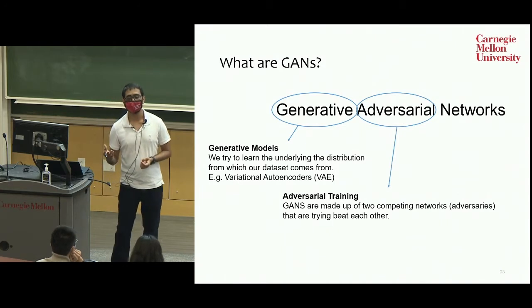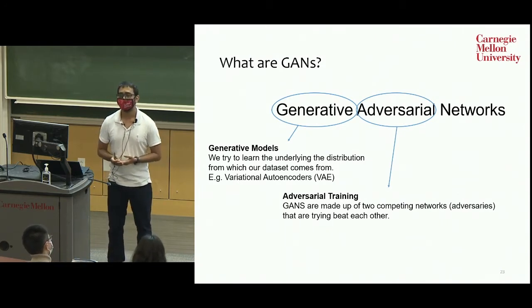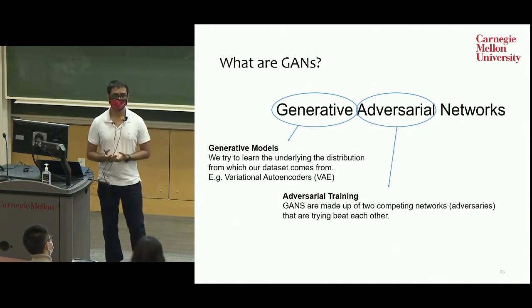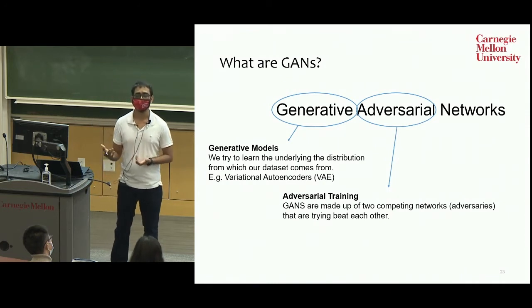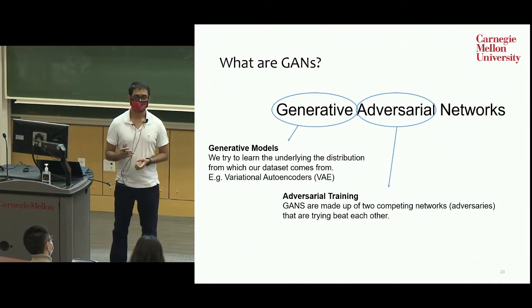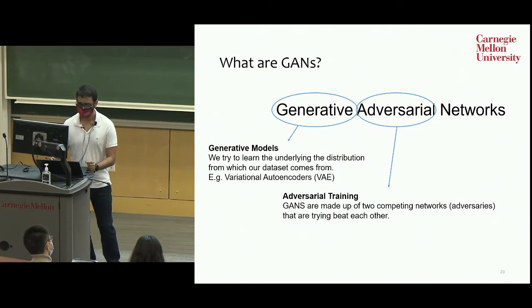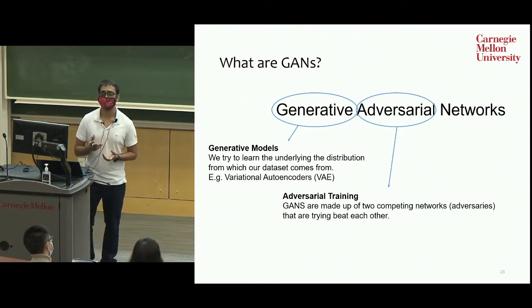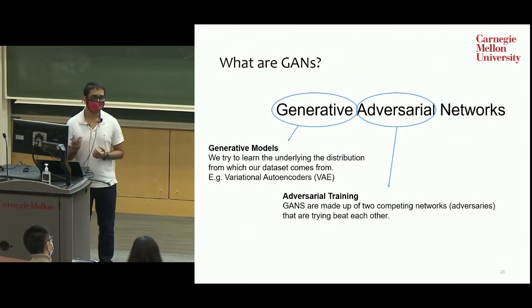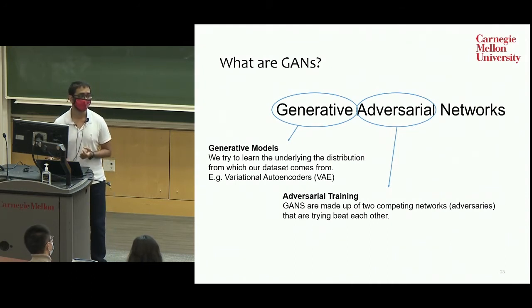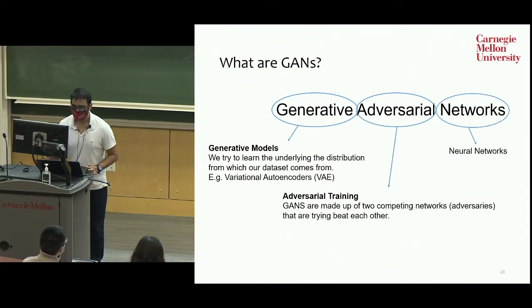A discriminator learns from the mistakes of a generator, and the generator learns from the mistakes of the discriminator. So these are acting as adversaries to each other, and that's why it's called generative adversarial networks.